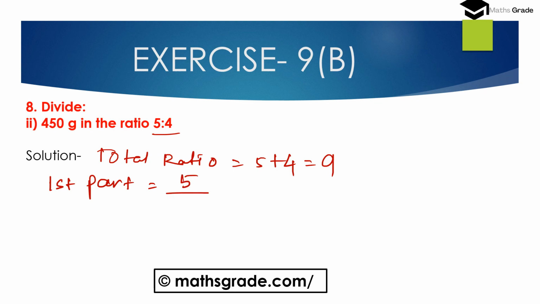The first part will be 5 divided by the total ratio 9, multiplied by 450 grams. We have to divide this 450 grams in the ratio 5 is to 4.